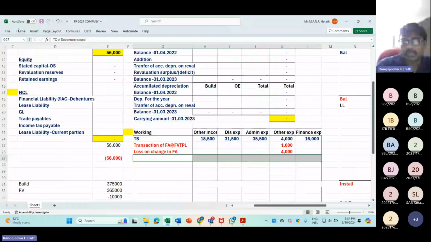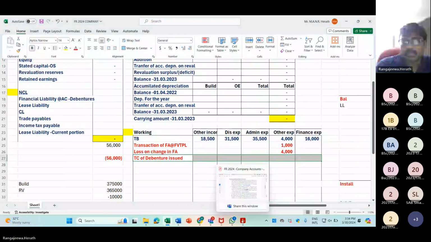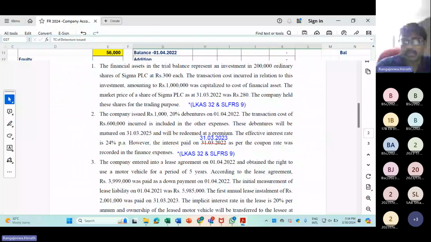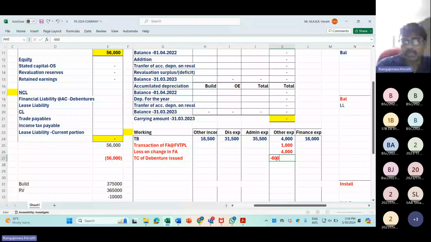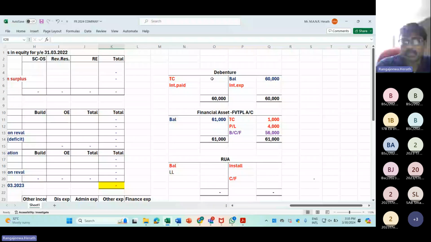So you can remove that 600 from other expense, deduct from other expense, and debit that into the debenture account, financial liability. So debit the debenture account and credit the expense.